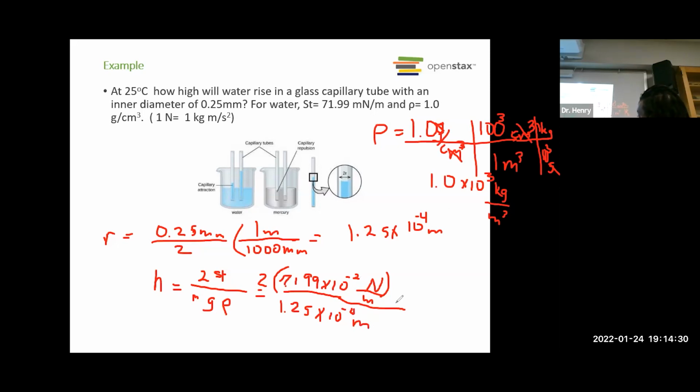And then we multiply that by the density down here, 1.0 times 10 to the 3, oops, not minus 3, to the 3, my bad, kg per meter cubed.